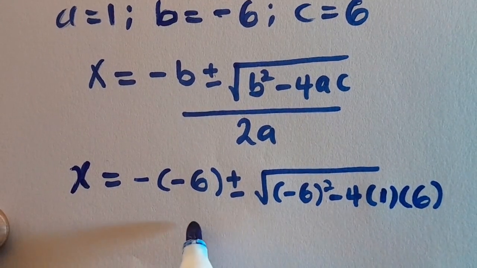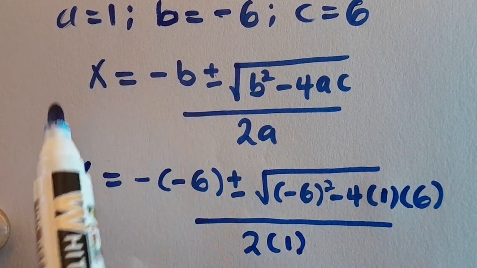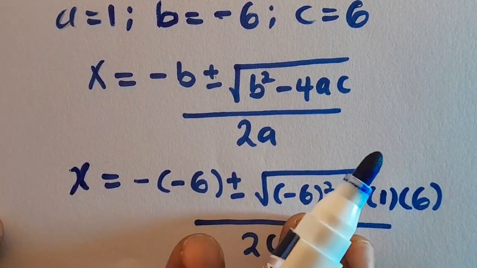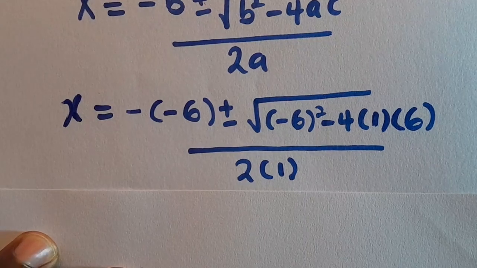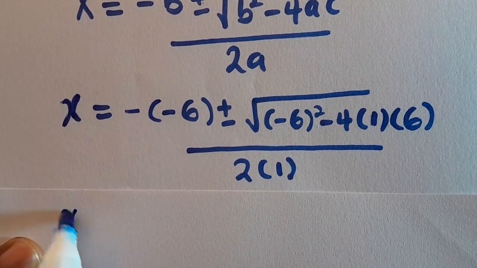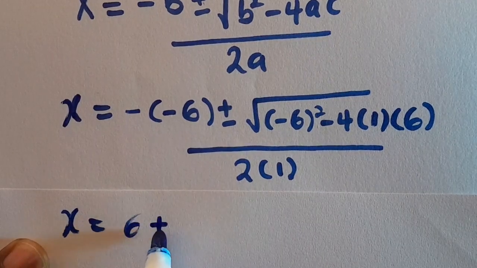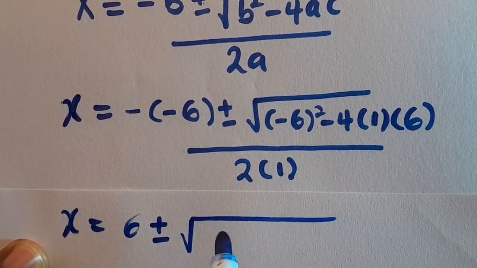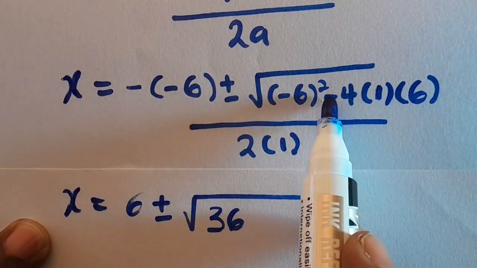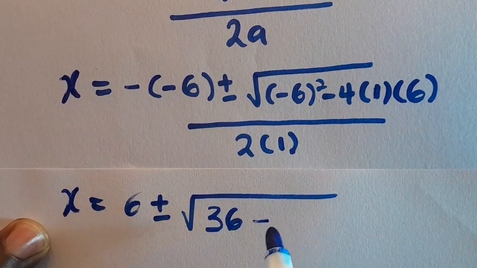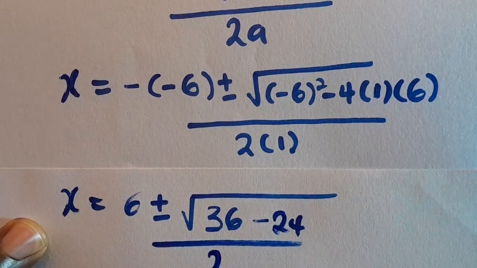Then all divided by 2 multiplied by 1. Our a here is equal to 1. So now from here guys, we have our x equals, minus times minus will be plus 6, then positive or negative, square root of 6 squared is 36. Minus times plus will be minus. 4 times 6 will be 24. Then all divided by 2.